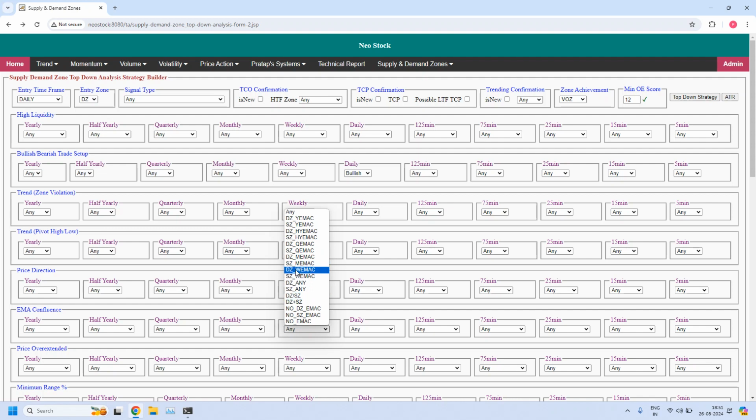That means W means weekly, EMA, C means confluence. So weekly demand zone having weekly EMA confluence. Such kind of stocks. And moreover, daily zone and weekly zone are having confluence. Already ITF trend is uptrend. So EMA confluence should be used only in the trending market, not in the sideways.